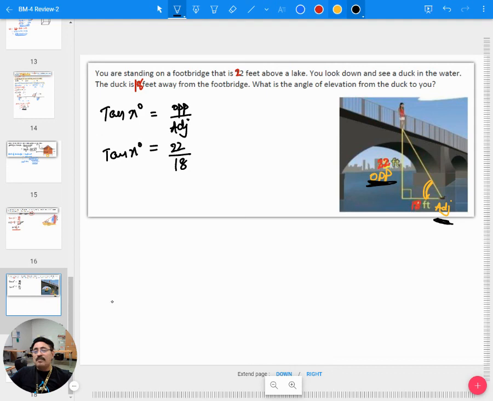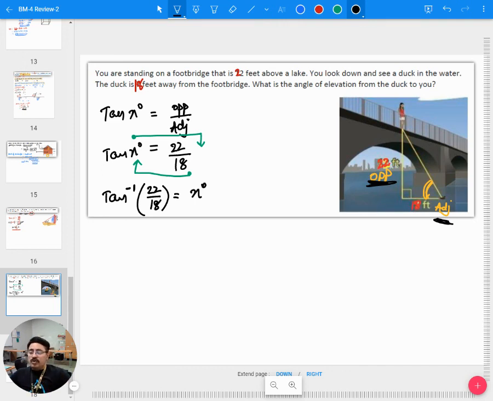Earlier also I mentioned that please remember, if you are asked to find the angle, you have to move the tan to the other side and write tan inverse, and swap the values, 22 over 18 equals x degrees.